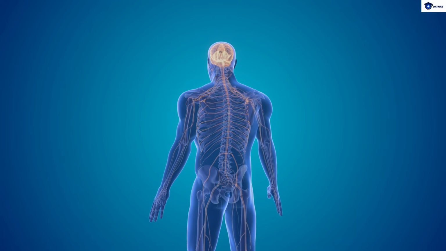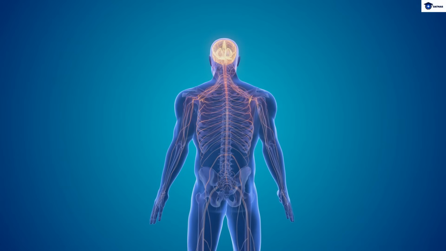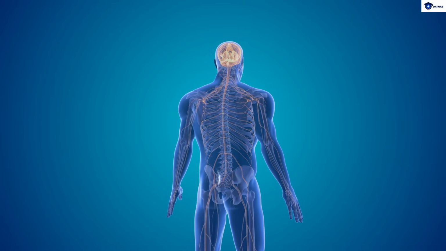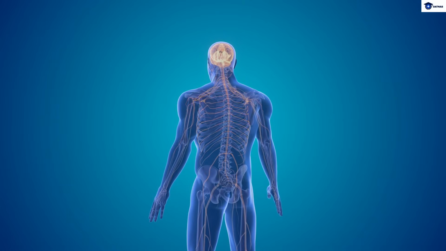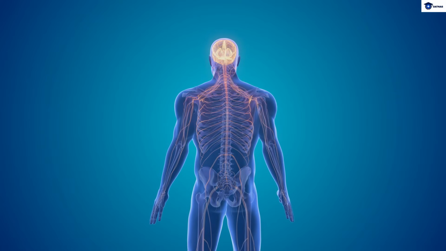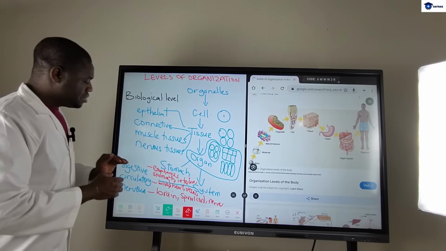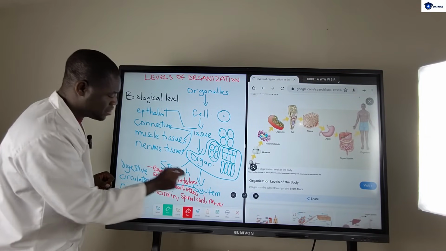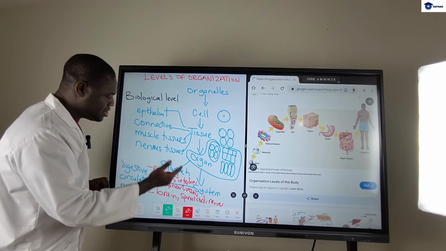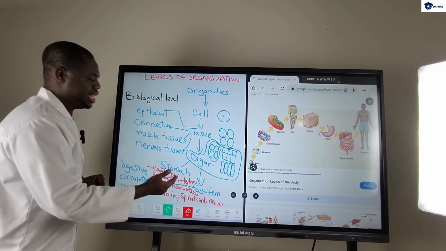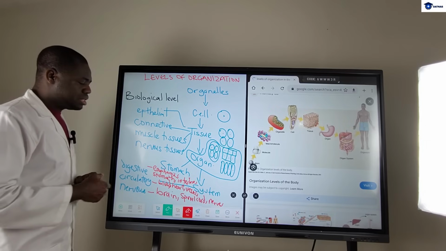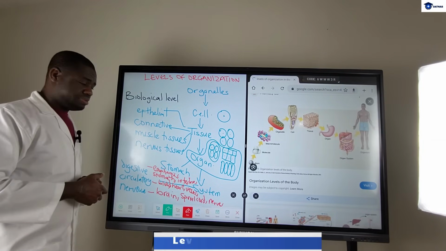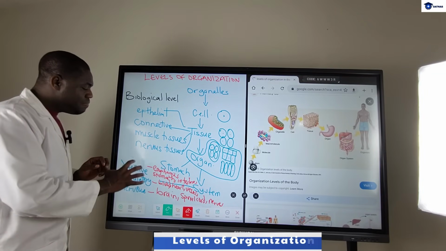The nervous system is formed by the brain, spinal cord, and the nerves or neurons. You can see that each system contains two or more organs. The esophagus is an organ, the intestine is an organ, blood is an organ, the spinal cord is an organ. So all these organs form a system.